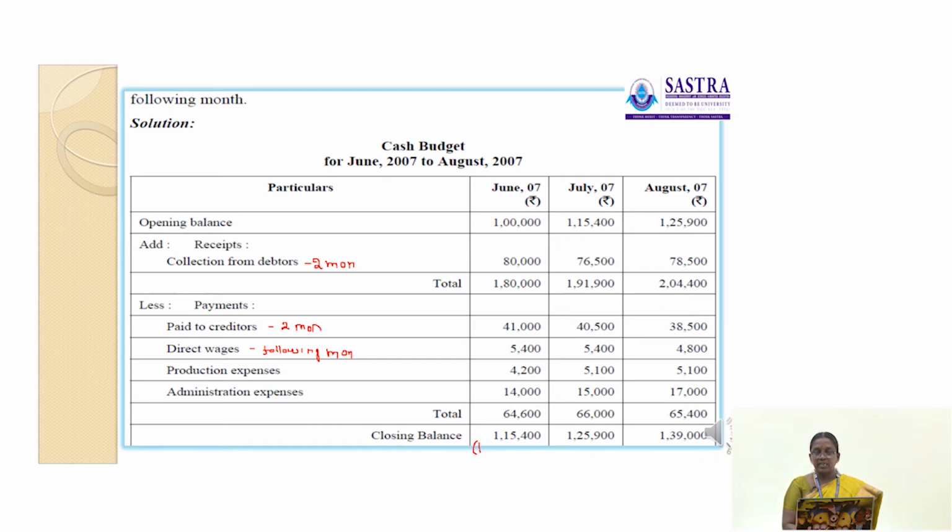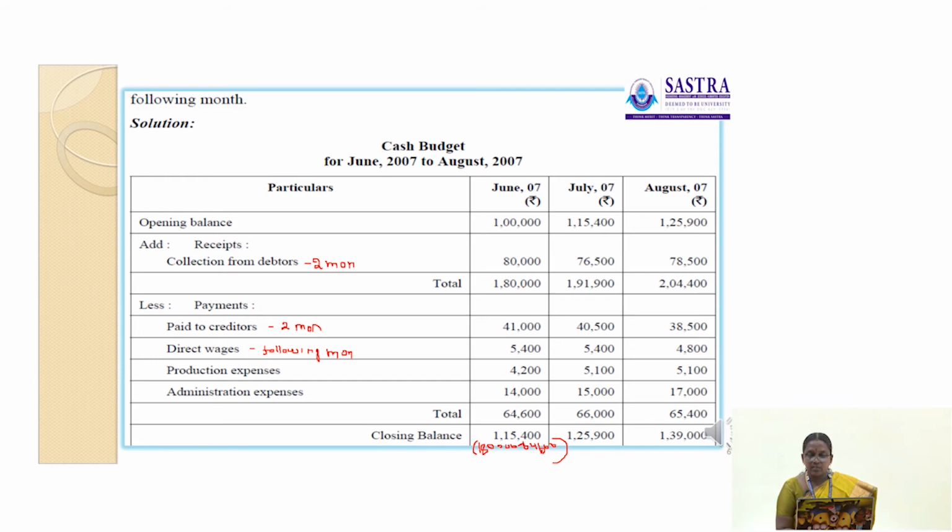Now, you have to find out the net closing balance. The closing balance is found like this: 1,80,000, that is total receipts, minus total payments, 64,600.